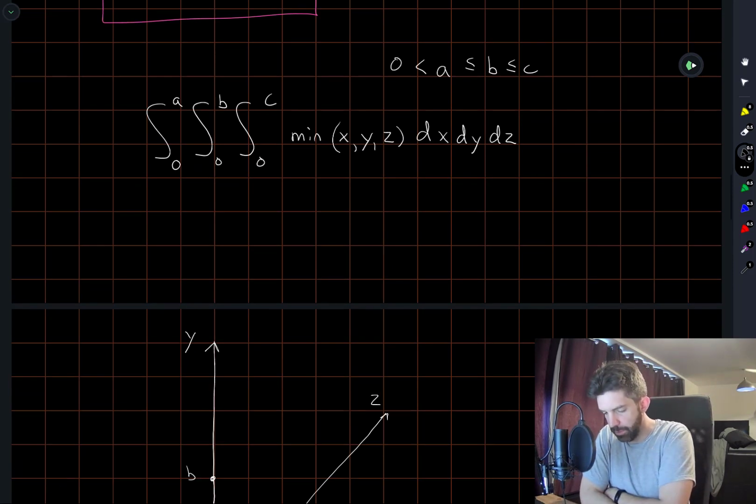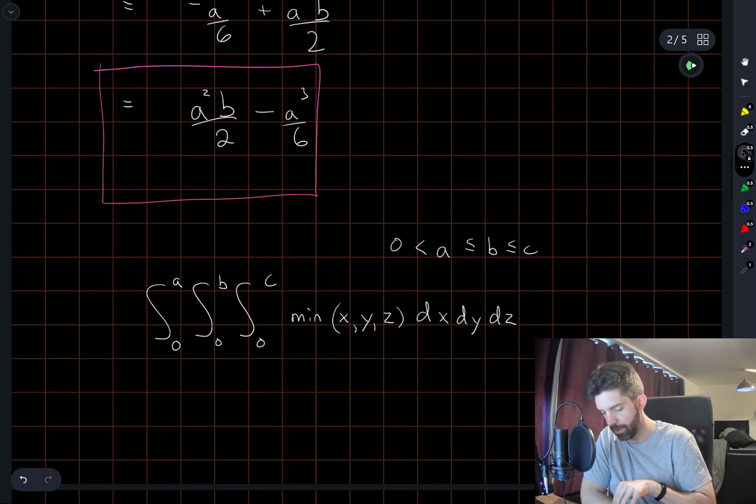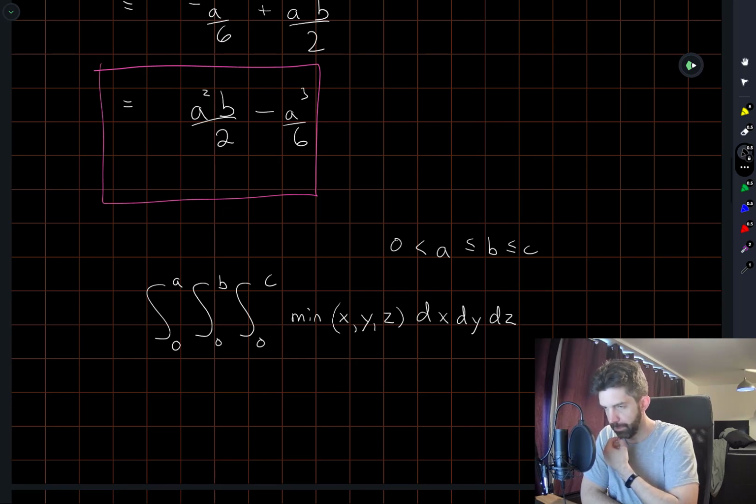So what I'm considering doing for this is evaluating the double integral in the inner part. So basically fixing z to be an arbitrary value, and computing the integral in the inner part. That will of course end up being something that depends on z, and then integrate that. But of course, the way it depends on z is going to be kind of bizarre.